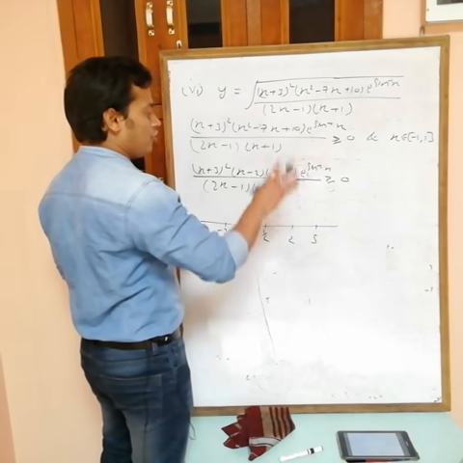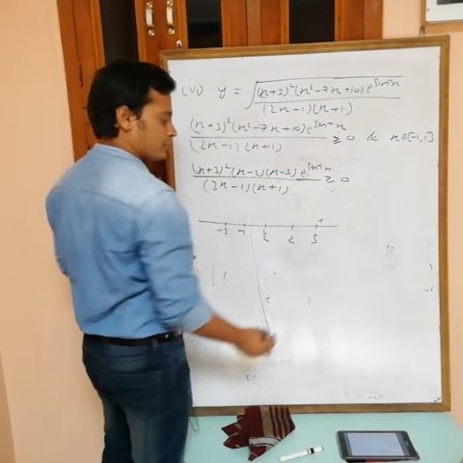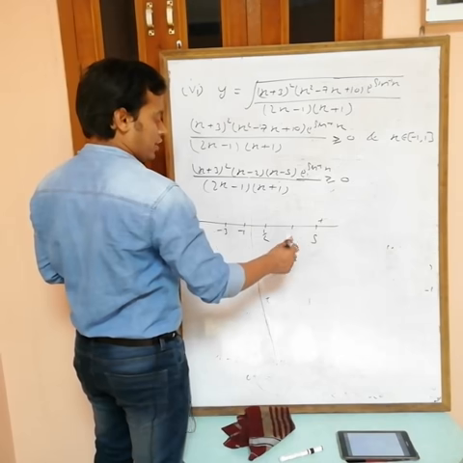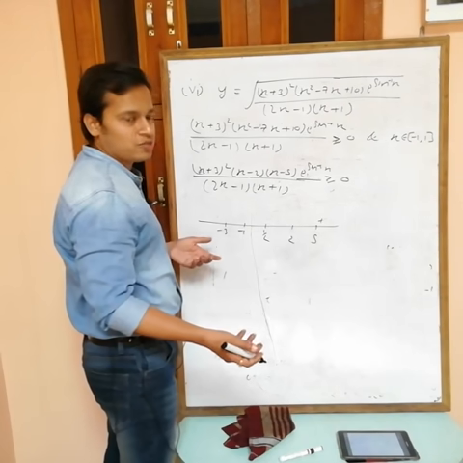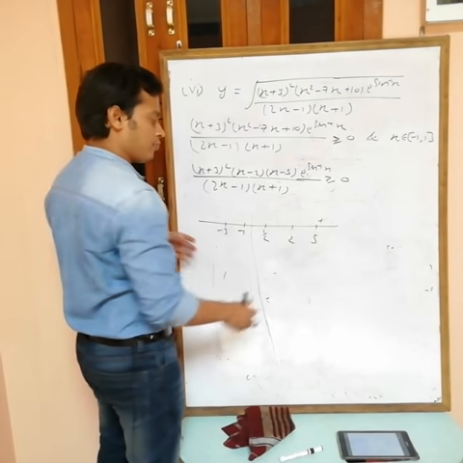Now, if you put any value of x greater than 5, then this one is positive. Actually you can't take these values of x, but I am taking them, okay, no problem.